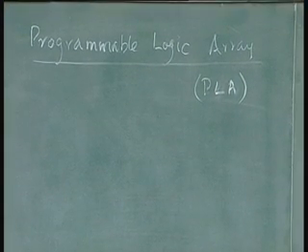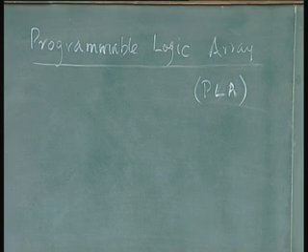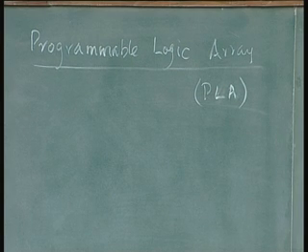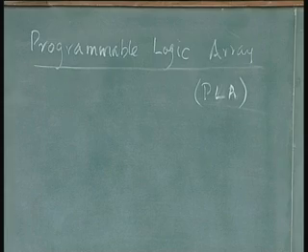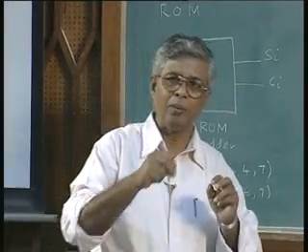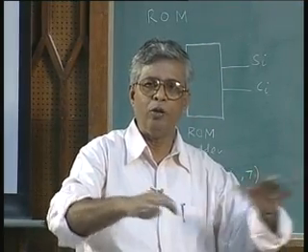The difference between a ROM approach and a PLA approach is simple. Again, it is programmable, in the sense that I should be able to change my connectivity, either for making minor changes, or because a design bug has to be corrected, or I make a minor change in my solution, or totally remove the application and put in a new application.